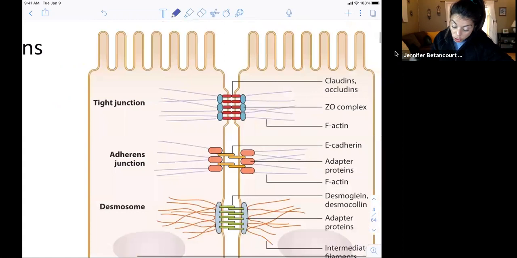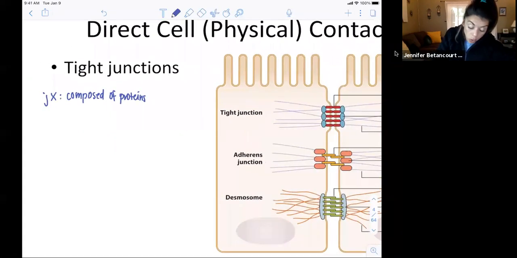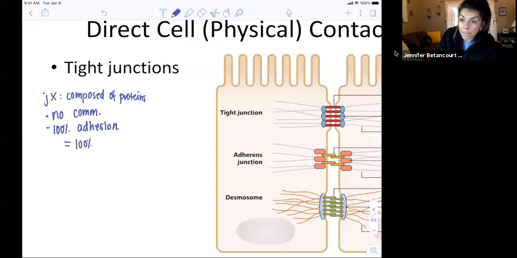So for tight junctions, the tightest of junctions, there is no communication at all. This is strictly 100% for adhesion. Okay, and this is also 100% impermeable, not semi-permeable. That means not permeable.